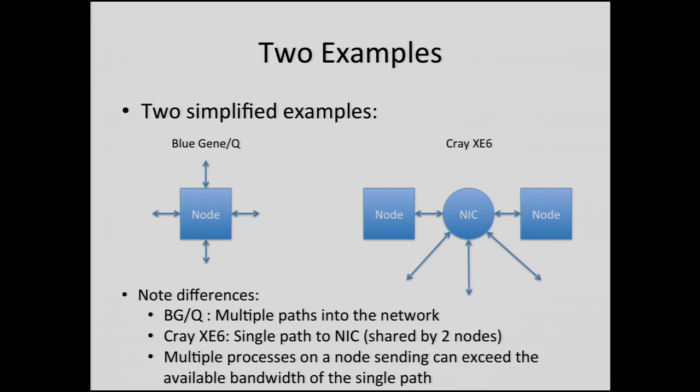It has multi-chip nodes that talk, in pairs, to a network interface that is itself inserted into a mesh and can send data in different directions along the mesh, X, Y, and Z. So in one system we have multiple paths into the network.